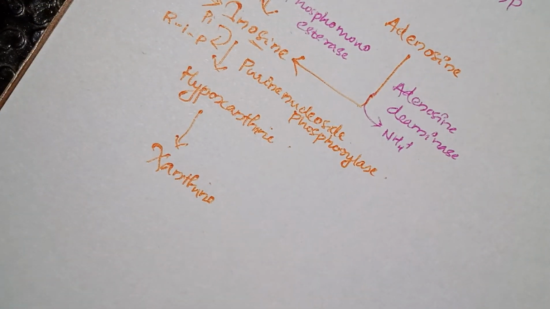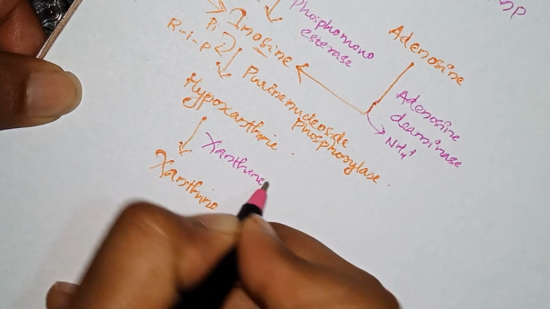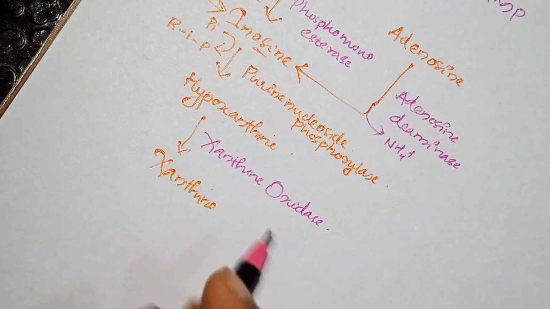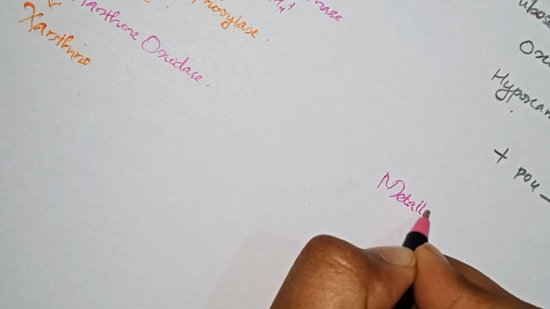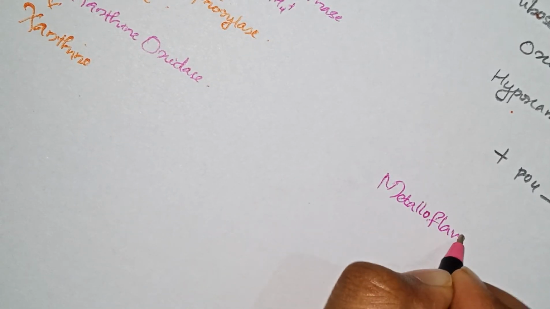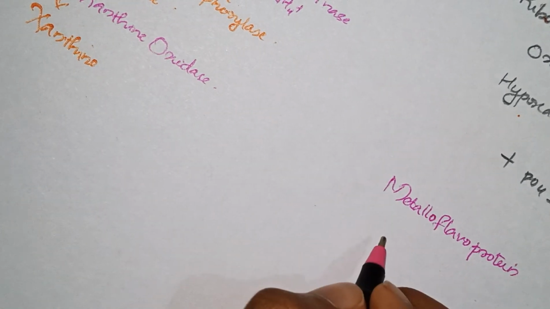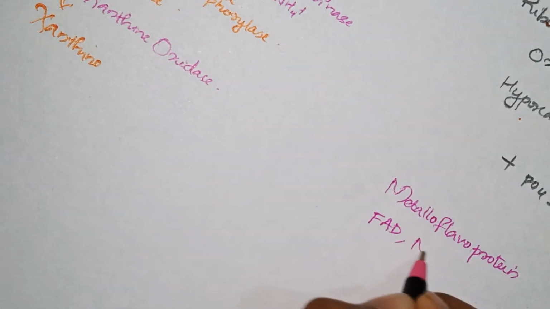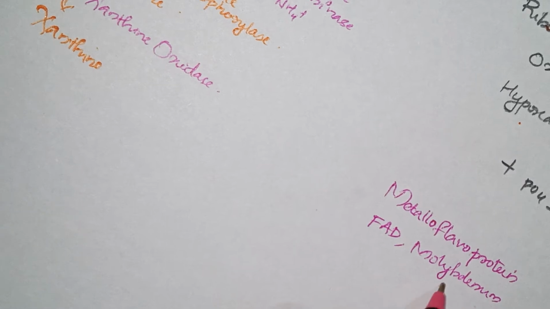This enzyme is a bit important, that is xanthine oxidase. Why is this important? Because the xanthine oxidase enzyme is a metalloflavoprotein. So we will be having FAD, molybdenum and iron.